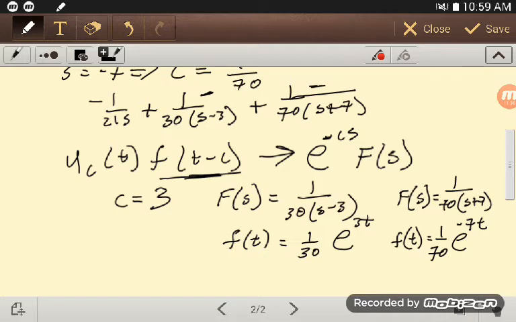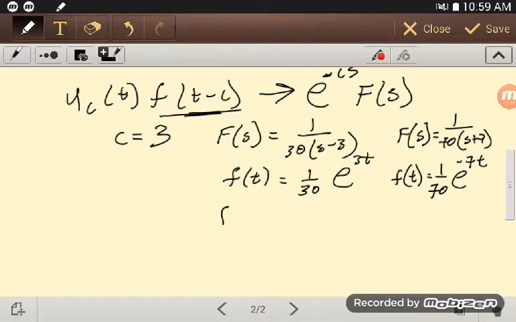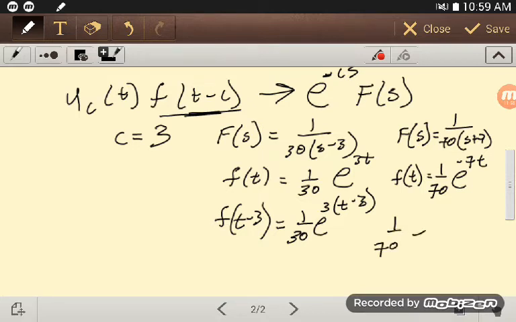So f(t minus 3) is 1 over 30 e to the 3 parentheses t minus 3. That's important. And here I get 1 over 70 e to the minus 7, and again parentheses are important, t minus 3.